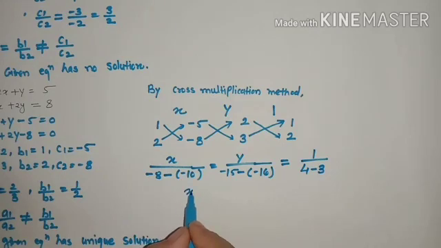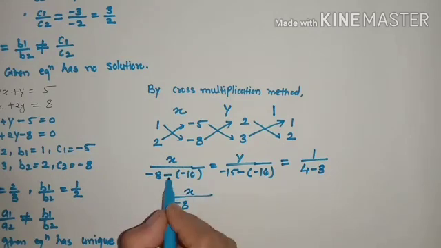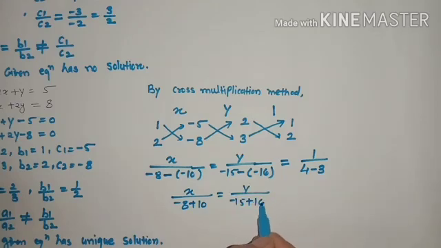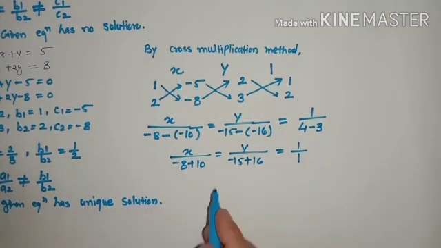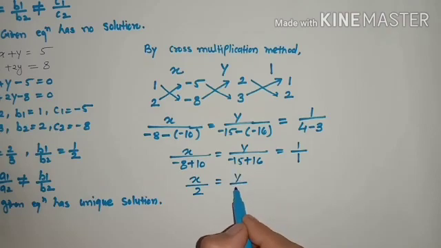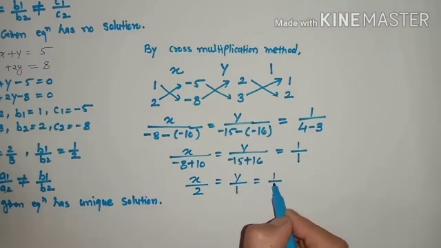Next step, x upon -8 plus 10 equal y upon -15 plus 16 equal 1 upon 1. Next step, x upon 2 equal y upon 1 equal 1 upon 1.